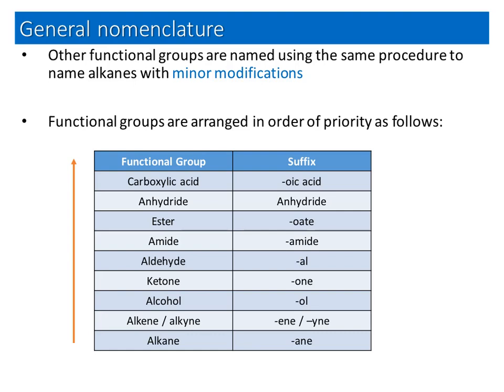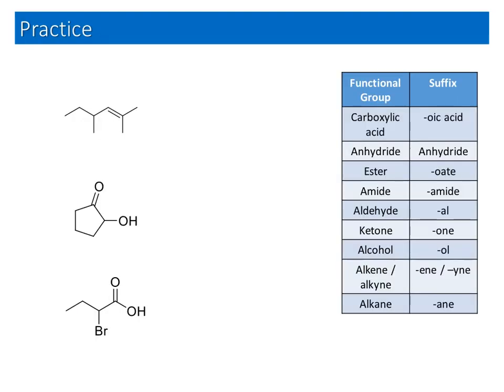So let's look at some examples to understand this concept better. Let's name these three molecules. So the first step is to identify the functional groups that are present in the molecule. In the first structure, I can recognize an alkane chain and also an alkene. If I look at this table, alkene is preferred over alkane.